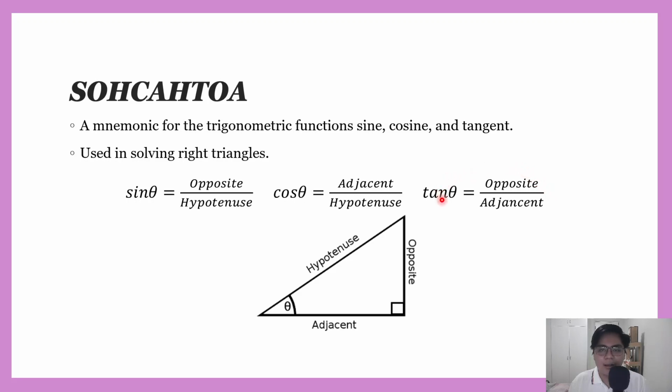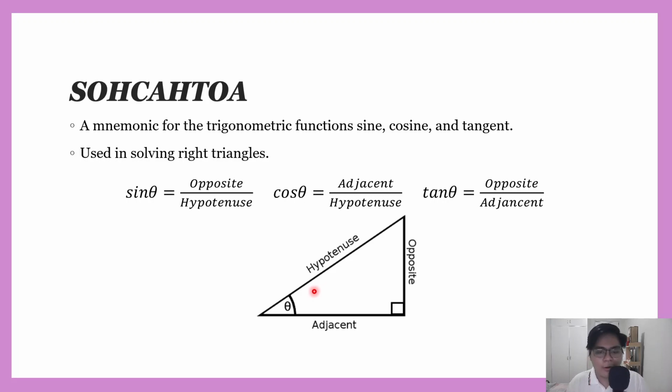Always keep in mind that the symbol theta represents the given angle, and the hypotenuse is the longest side of the triangle. Not in all instances is this side the opposite and this side the adjacent. Now, how can we determine which side is the adjacent and which side is the opposite?